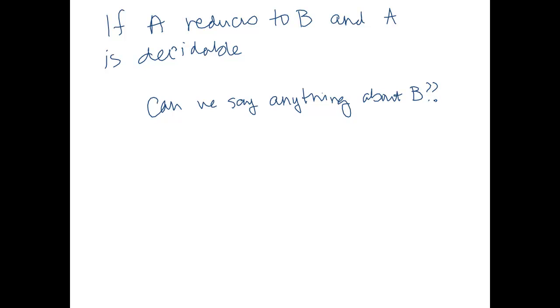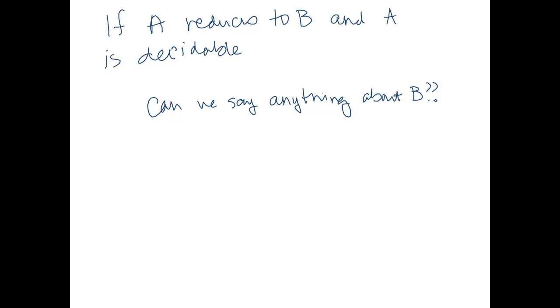We can't say anything about B. Knowing that I can convert an instance of a problem A into an instance of a problem B, and I can decide the instance of the problem A, doesn't actually tell me anything about B in general. I cannot say that B must always be decidable. It's not true.